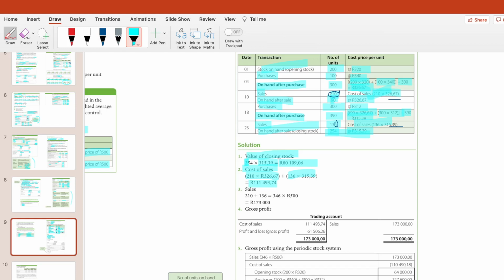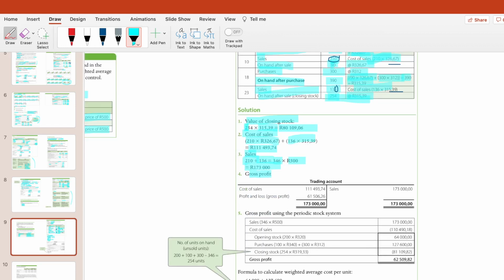If we work out our sales, we see that we sold 210 plus 136, and that's 346 at 500 rand, and the total sales is 173,000 rand.